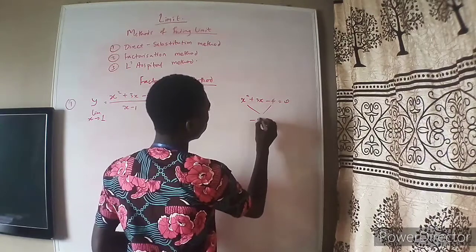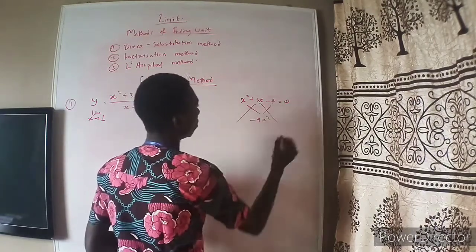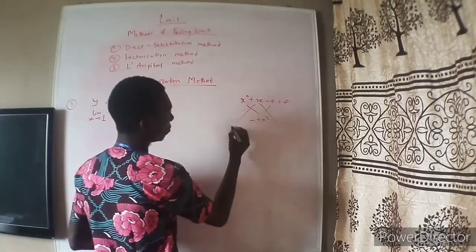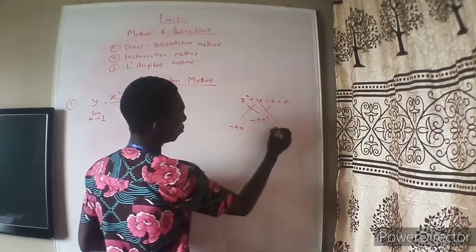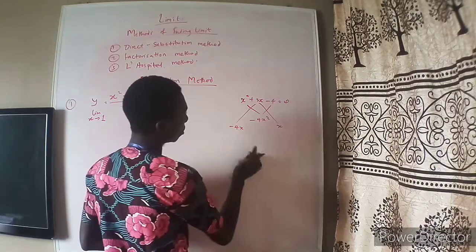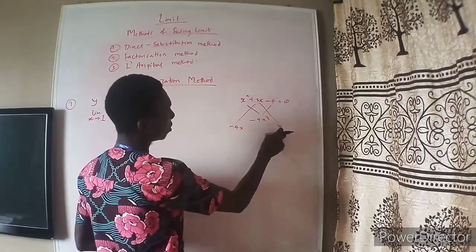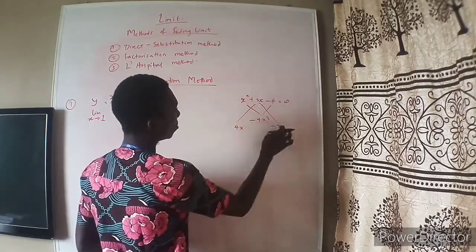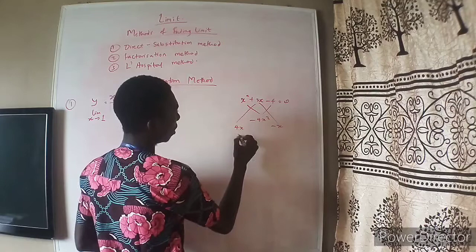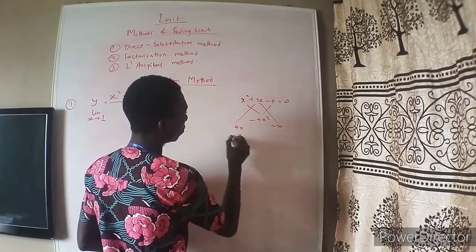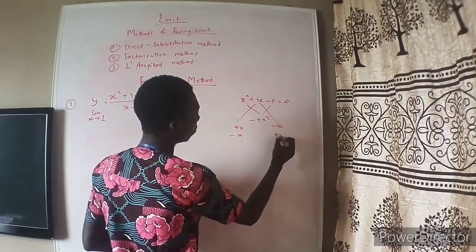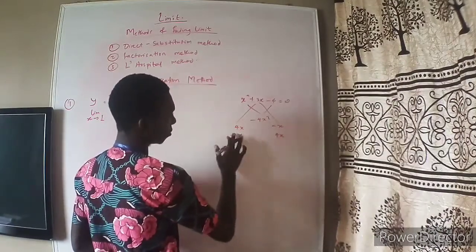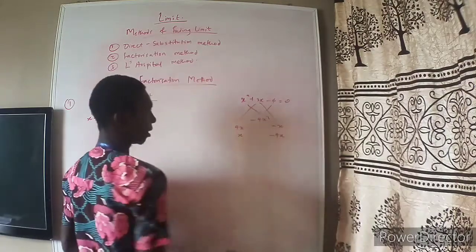Okay, here I have minus 4x squared. So what are the two numbers I can add up, and also I can have minus 4x and x. So minus 4x plus 1x will give me minus 3, but if I have plus 4x and minus x, they will give me plus 3, and if I multiply, it will still give me this, right? I can also have it this way too.